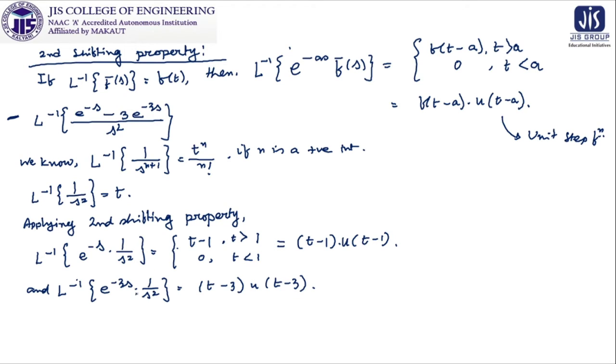Finally, we can denote it by capital A. So capital A is equal to t minus 1 u of t minus 1 minus 3 times t minus 3 into u of t minus 3, and this is our answer to the required problem by applying the second shifting property.